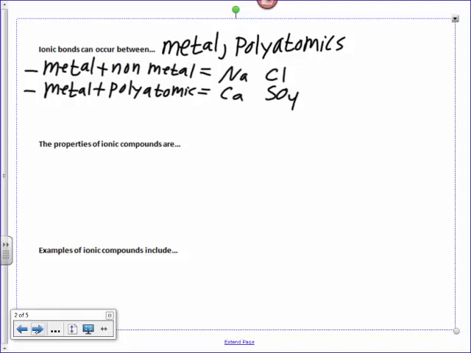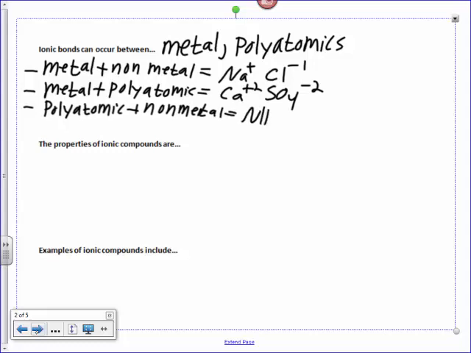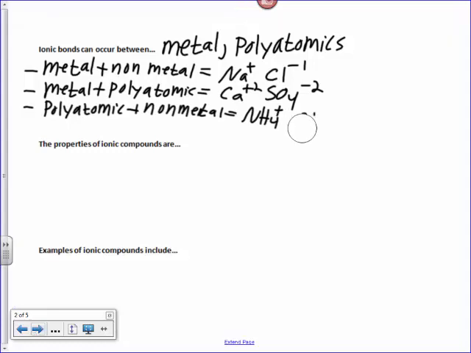There's cation, cation, anion, anion. It can be between a polyatomic and a nonmetal. So that would be like an ammonium as your cation, and then we already used chlorine, so we'll go with oxygen as your nonmetal.